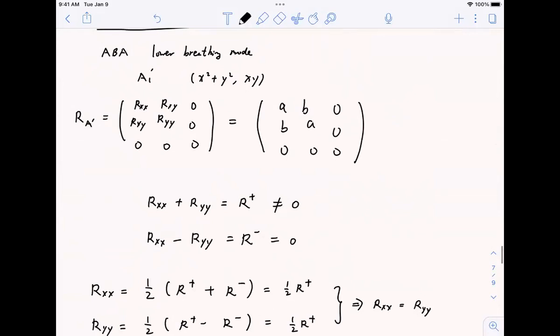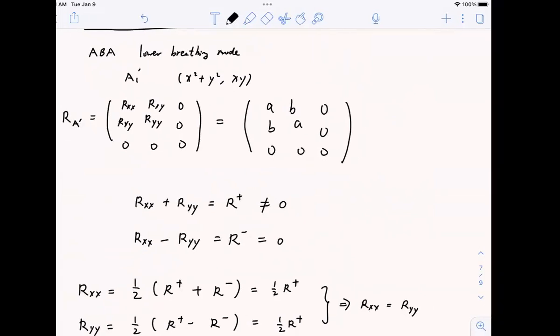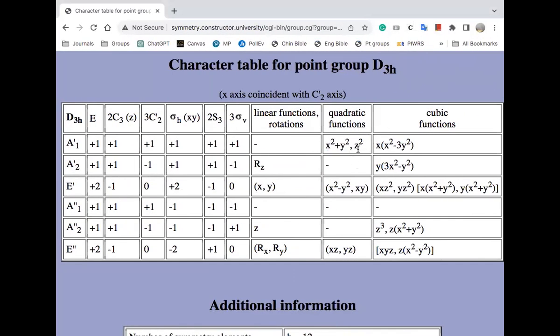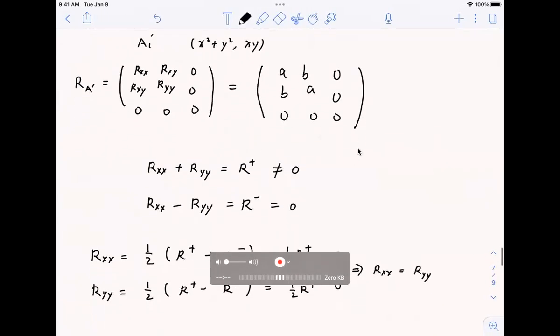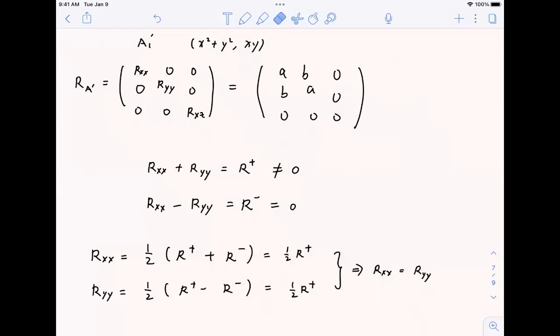Yeah, A1 prime is X squared plus Y squared, Z squared. Oh, I see, Z squared. Okay, good. Good observation. That means you're listening. That's good.